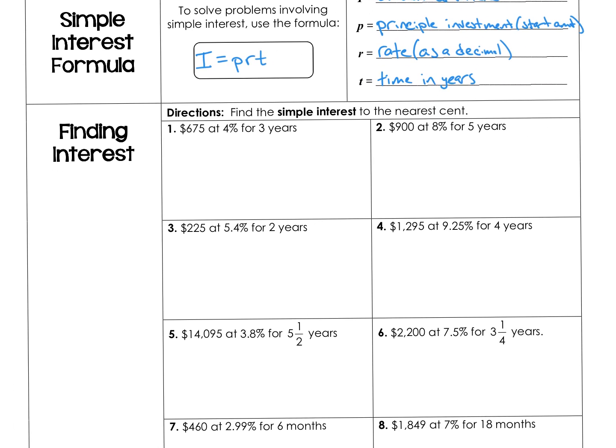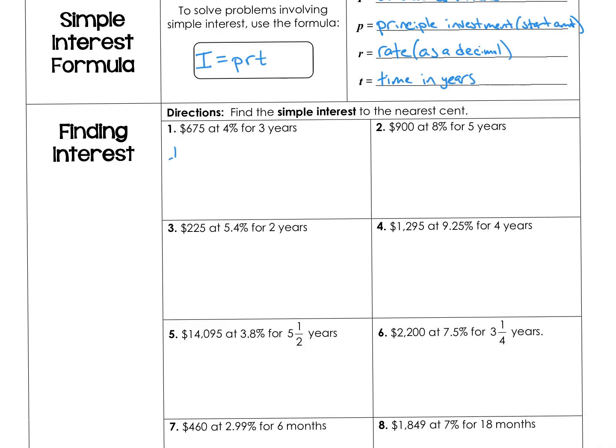All right, so we're going to do a couple of really basic ones, and then we'll go to some application. For example, we are just trying to calculate the simple interest in this case. So you're investing or borrowing $675 at a 4% interest rate for 3 years.